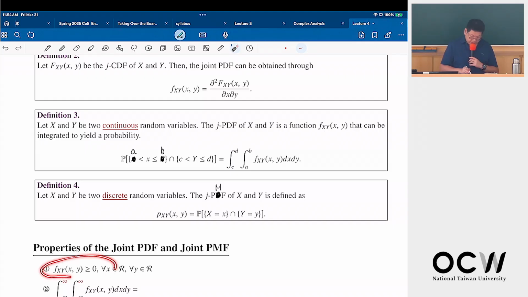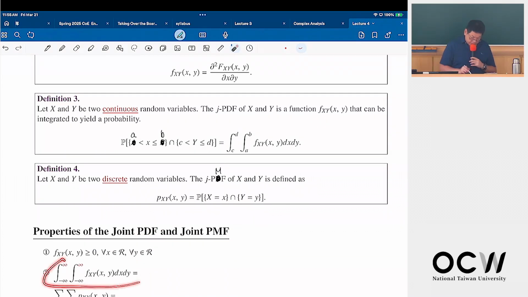Now let's see the properties of the joint PDF and the joint PMF. First, the joint PDF or PMF should be greater than or equal to 0, especially the joint PMF because it is a probability. And what is the integration from minus infinity to infinity of your joint PDF?